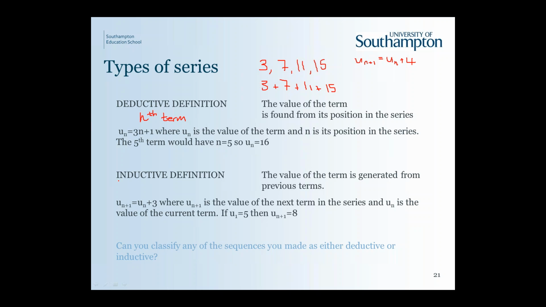So they're expected to know this vocabulary because it will say find the inductive and deductive definition for a sequence or series. So this one's a bit annoying because you can only get to it from the previous one. So it's not as practical as the nth term, which is just the same as what they did at GCSE.